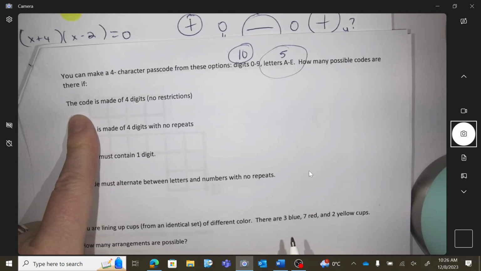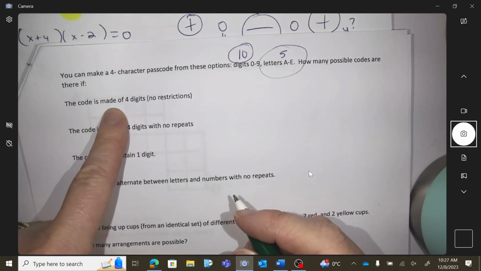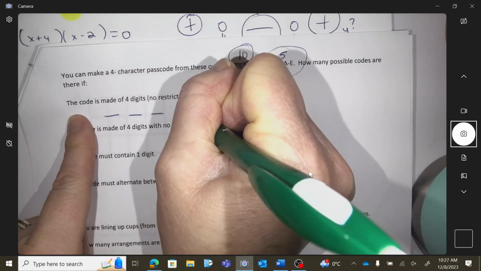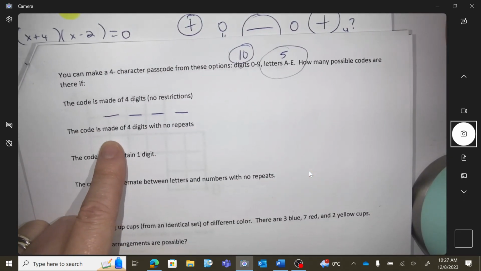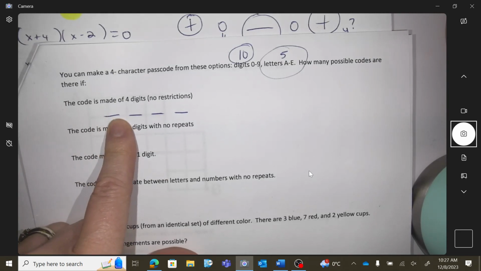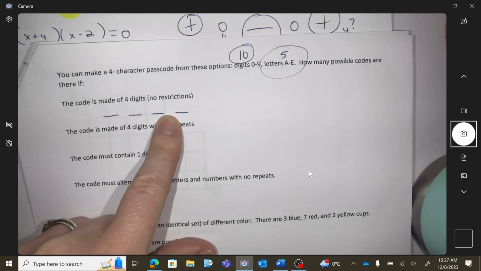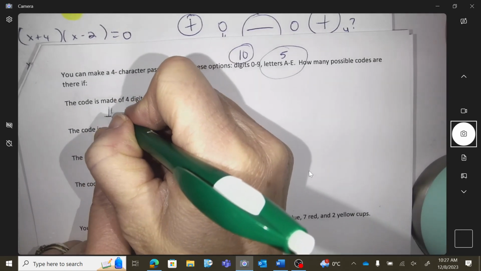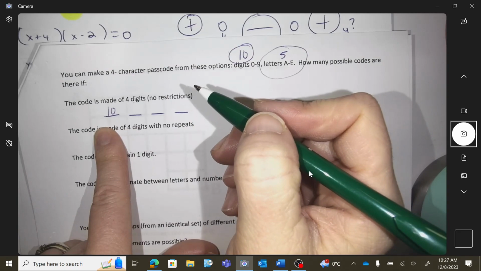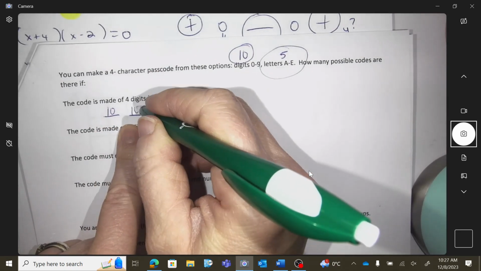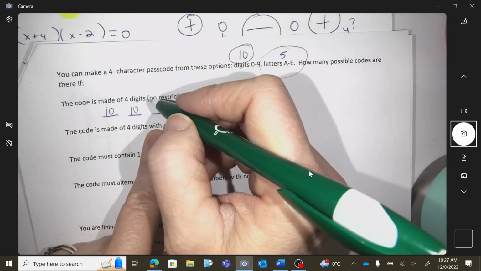Okay, I'm trying to do a code and I have to put 4 digits on it. So I'm only allowed to put digits in this password. So how many options do I have? So I would have had 10 options to go there. There's no restrictions, so that means I can repeat if I wanted to.